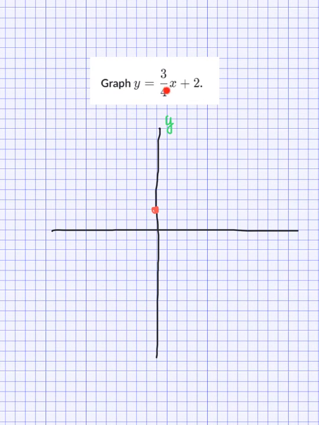And this movement begins from the y-intercept. So if my y-intercept is 2, that means I'm going to move up 3 spaces, 1, 2, 3, and I'm going to move over 4 spaces, 1, 2, 3, 4. And I'm going to put my dot right there.